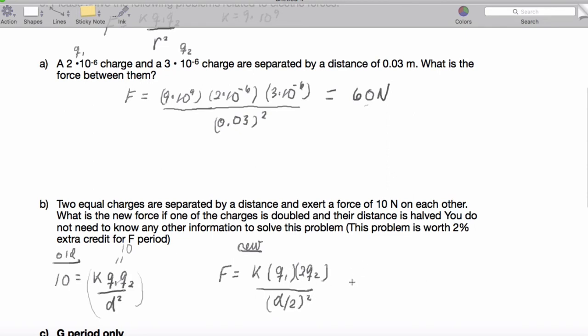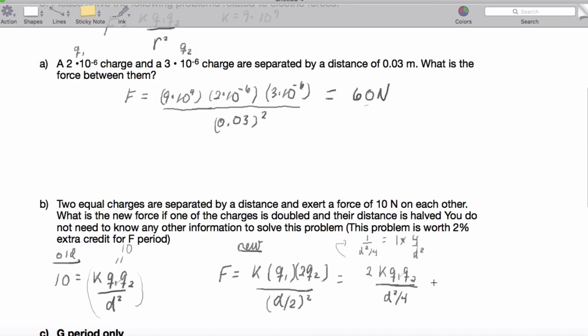And now what we're going to do is multiply some things out. So I'm going to have 2K, Q1, Q2, bringing that 2 out, all over d squared over 4 when I square it. Now here's how fractions work. When I divide, it's like multiplying by the reciprocal. So I'm going to do a little bit of side work here. 1 over d squared over 4 actually equals 1 times 4 over d squared. That's how reciprocals work.